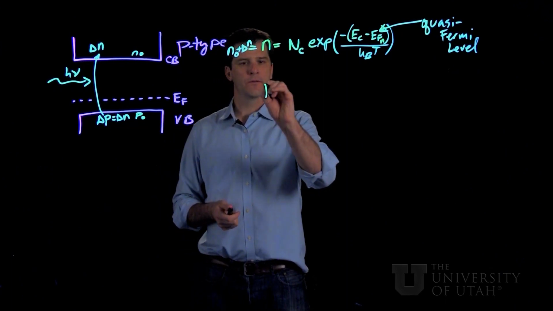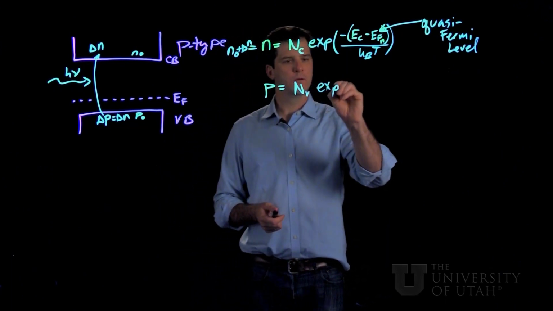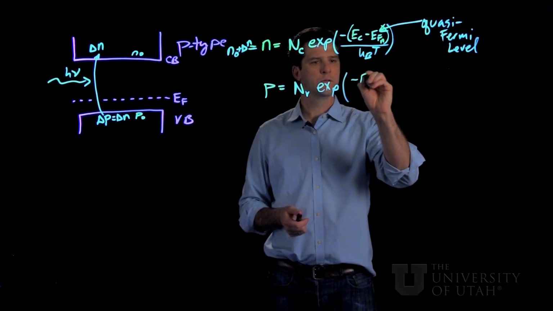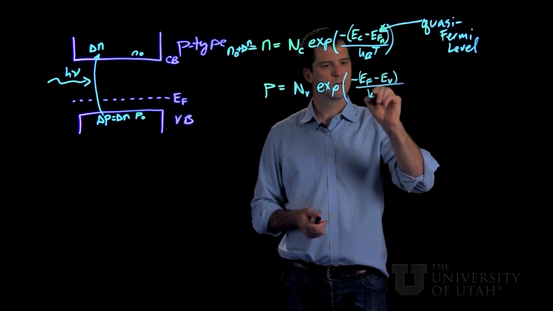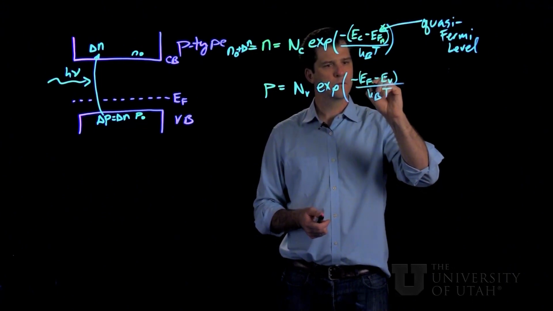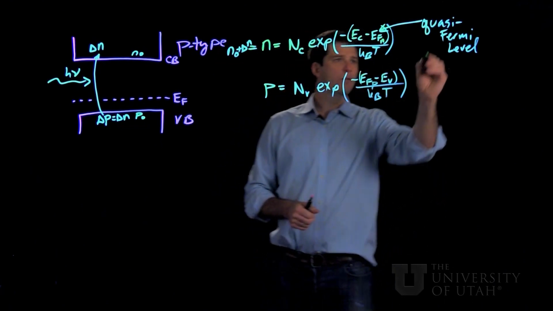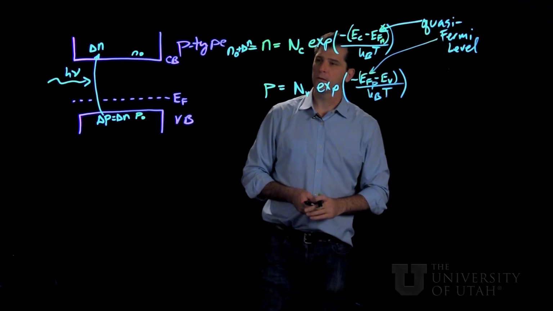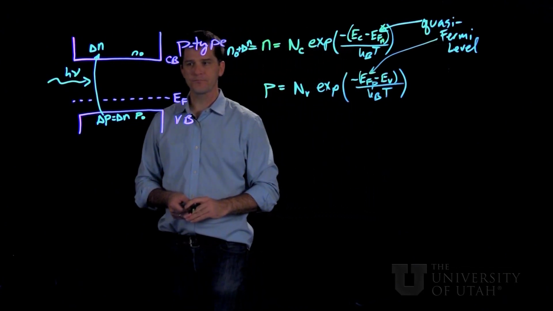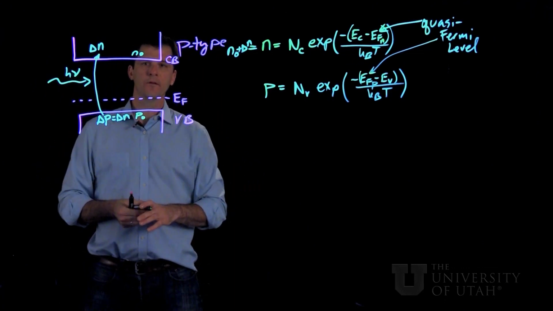And we can also write a similar equation for the holes. And we define that as EFp. So the quasi-Fermi levels are now different for the electrons and the holes. So let's return to this situation.